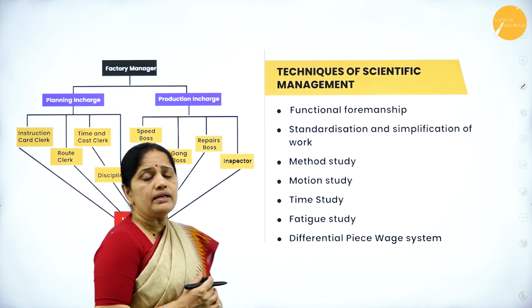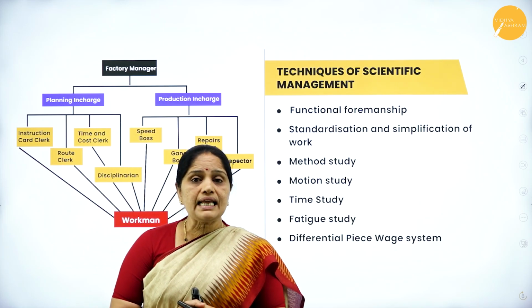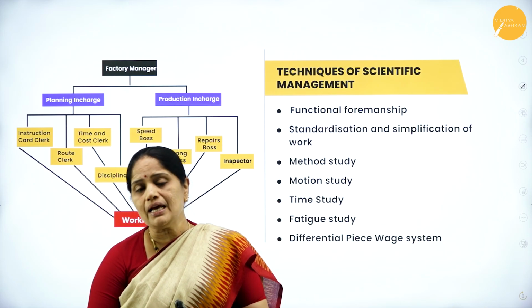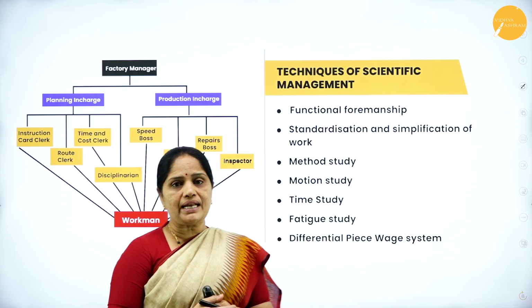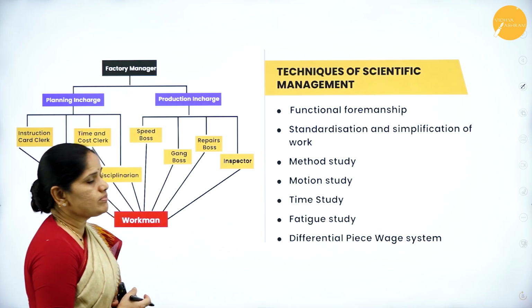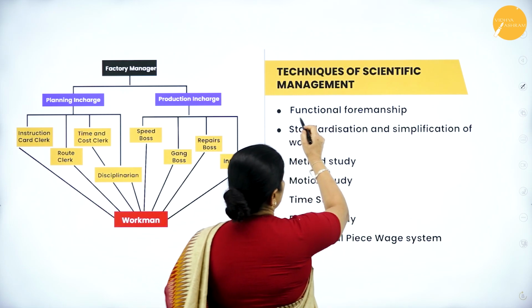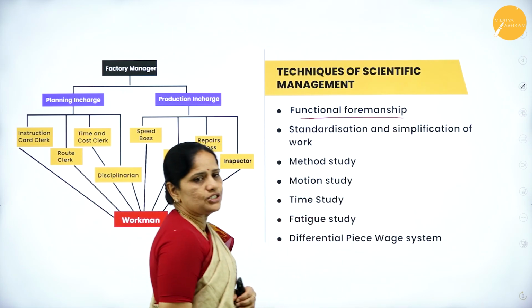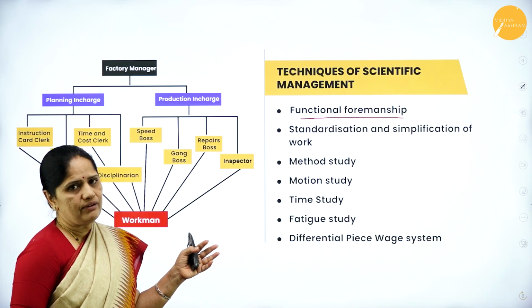Now, this F.W. Taylor has also introduced the techniques of scientific management. Let us understand what are the various techniques of scientific management which have been introduced by F.W. Taylor. In this, the first one is functional foremanship. So, he has separated the planning from the doing function.